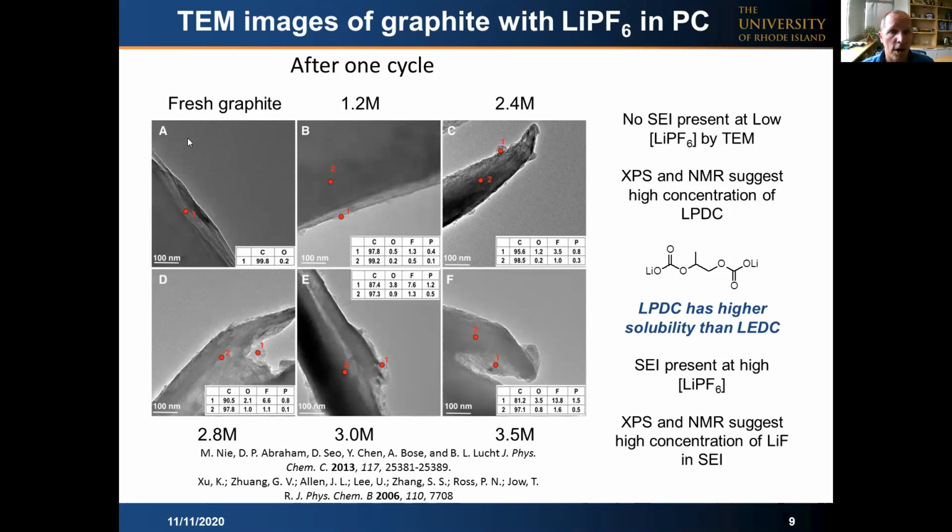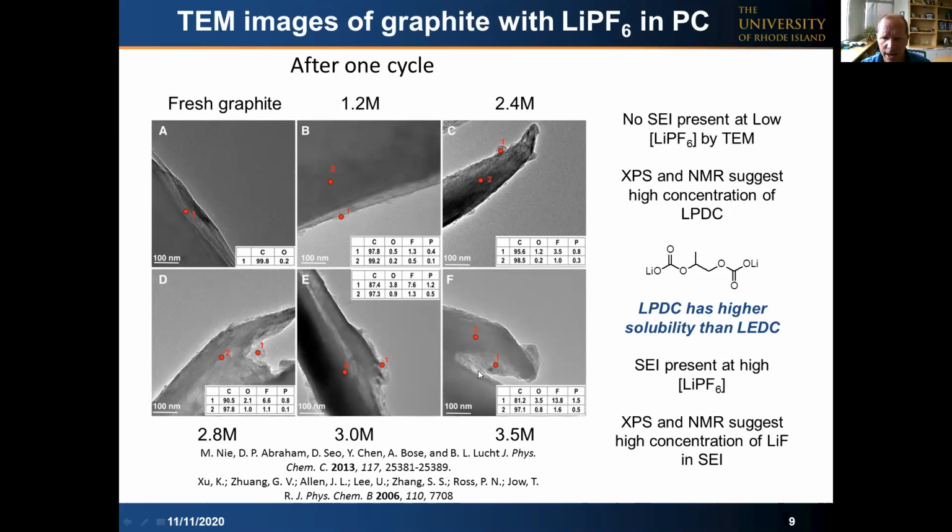Now with this, we start off with the nice, fresh, crisp, clean graphite edge. If we go to the 1.2 molar species, we surprisingly don't see much of anything generated on the surface film. But then again, we're also seeing continuous electrolyte decomposition. At 2.4 molar, we start to see some kind of surface materials.